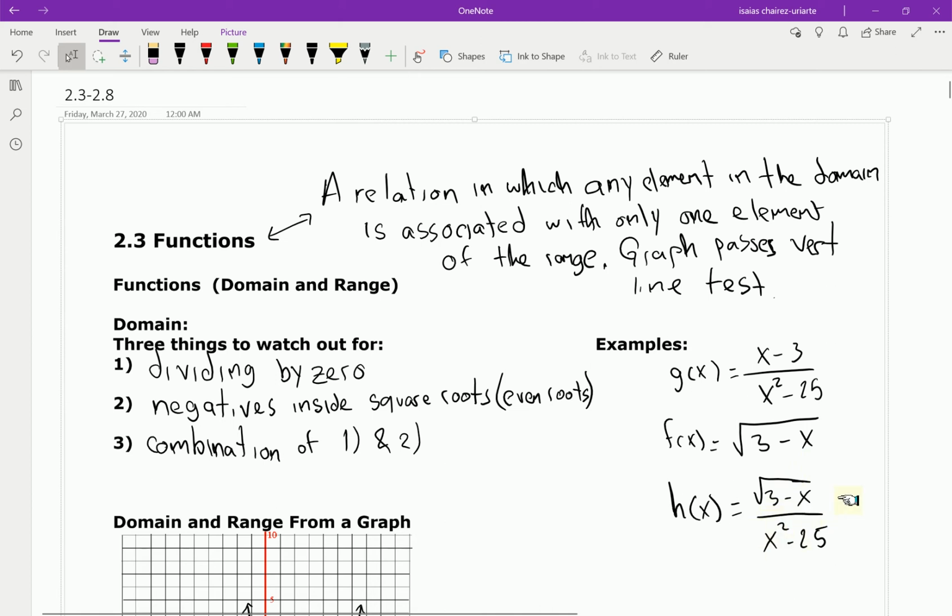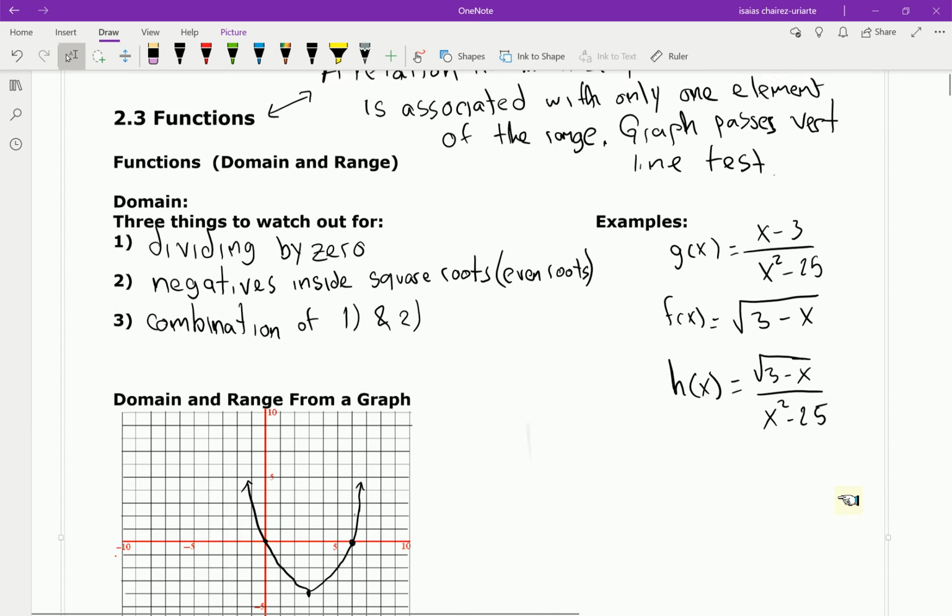So those are the things that you're watching out for whenever you're trying to determine domains. Also, it's going to be a good idea to keep interval notation in mind here, because in order to describe domain and range, we're definitely going to take advantage of interval notation.